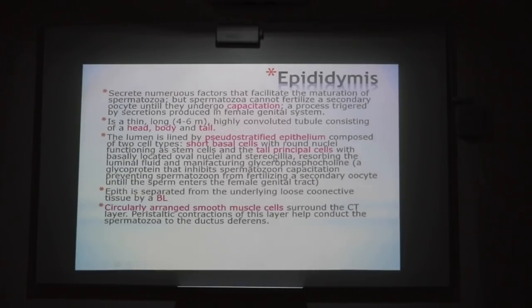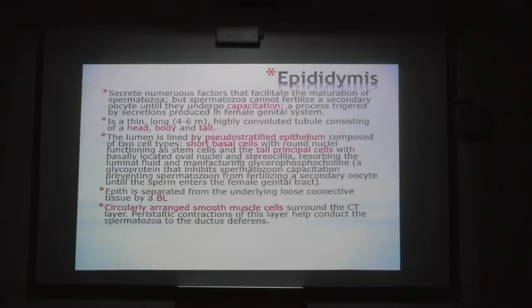So there are two types of cells you are going to see: the basal cells, which are the stem cells and produce the new cells, and the columnar cells, called the tall principal cells, which have basal nuclei and stereocilia. Stereocilia are mainly long microvilli, and these long microvilli are important in absorption of fluid.